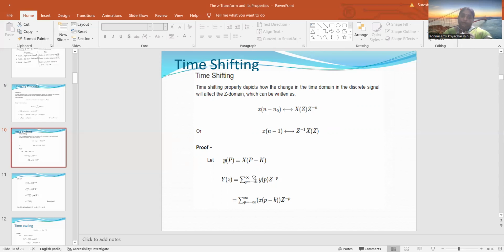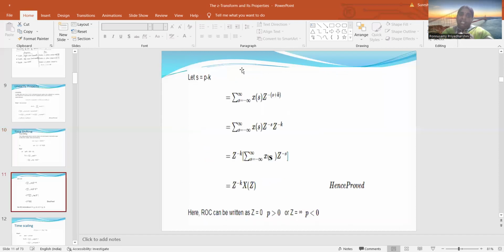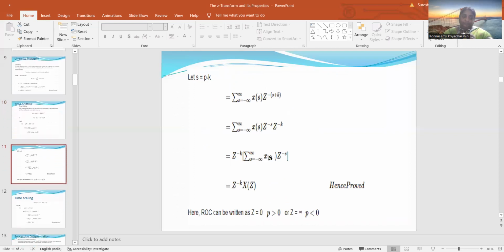For the proof, I take a function y of n equal to x of n minus k, substitute that value, and get the summation from n equals minus infinity to infinity of x of n minus k z to the power of minus n. Then I take another variable s equal to n minus k and change the limits, with s also running from minus infinity to infinity. This is my old function, and finally I get z to the power of minus k X of z. So it is the time shifting property. The time has been shifted.